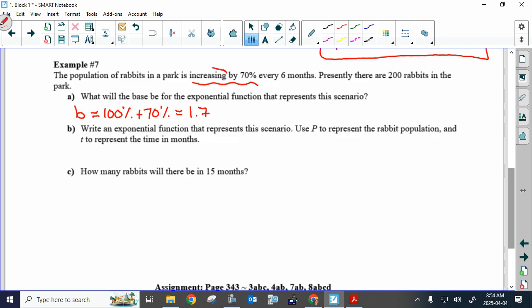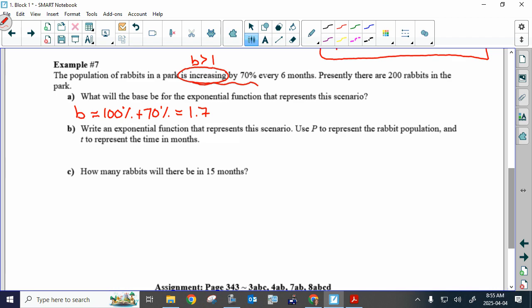Remember, by definition, if we're increasing, the b value has to be greater than 1. And how do we make it greater than 1? We add it to the 100%, or we add it to the 1. So your b value is going to be 1.7. And we actually did this a lot in the first unit in 20-1. We did a lot of vehicle depreciation and appreciation. So it says, what will the base be for the exponential function that represents this scenario? The base will be 1.7.